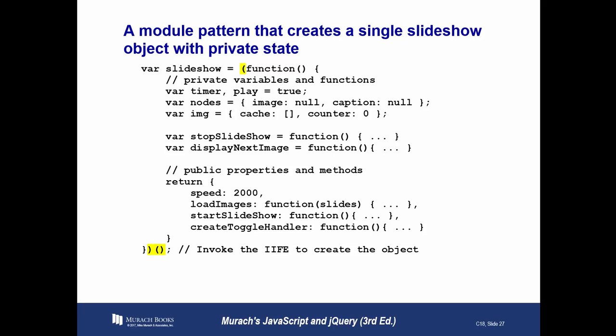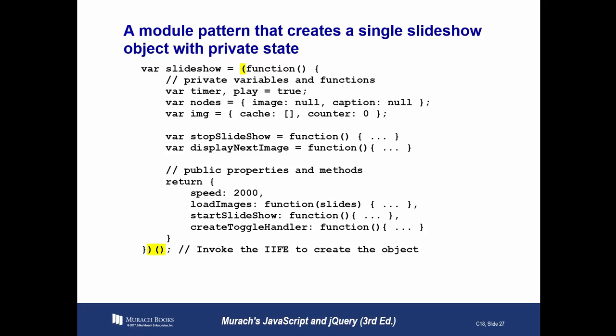It uses an IIFE to create a single instance of the object that's returned by a function that creates the closure, which can be referred to as a module. That way you get a single instance of an object, but said object has private state. The first example here shows how this works. The slideshow library has been rewritten to use an IIFE with private state that returns an object that refers to that private state.